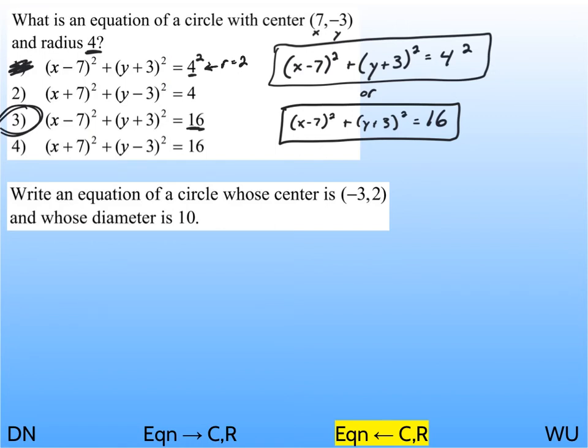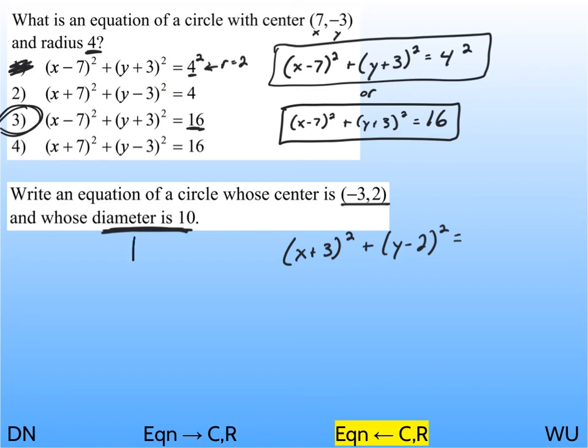All right, now for this question down below, we already have the center, so let's plug in the center. So we have x plus 3, changing the sign, squared, plus y minus 2, change that sign, squared, equals, and then we're given that the diameter is 10. But remember, our formula deals with the radius, and we want to get that to the radius.